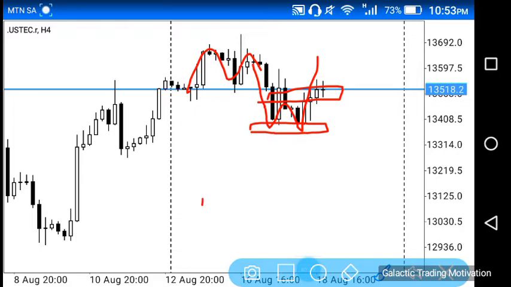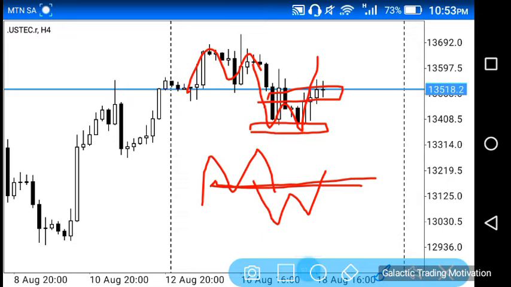Number one, we have that M structure, and number two, we have a W structure, and both have necklines in more or less the same region. So anything may happen. It may push further up to at least this level over here, or from where it is, push further down to complete that M structure that I spoke about, right?